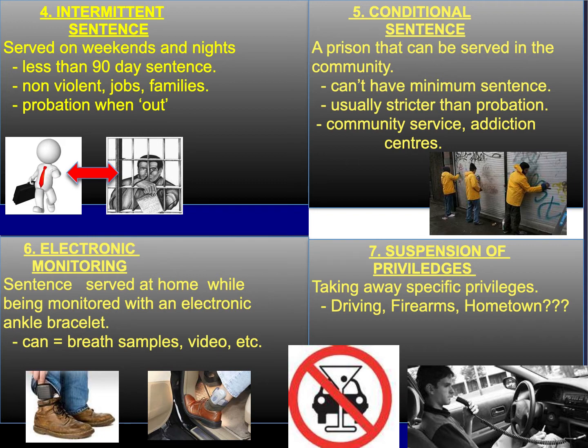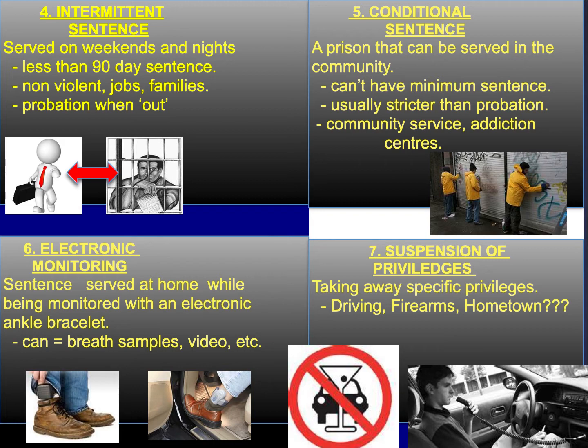Number six is electronic monitoring, which is being sentenced to serve at home while being monitored with an electronic ankle bracelet, breath samples, or closed-circuit video. Essentially, the way we can look at electronic monitoring is house arrest. If the person wants to leave, there are procedures in place.